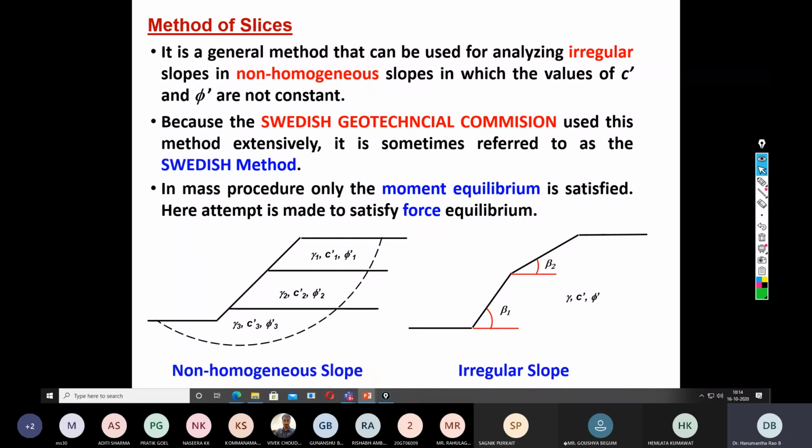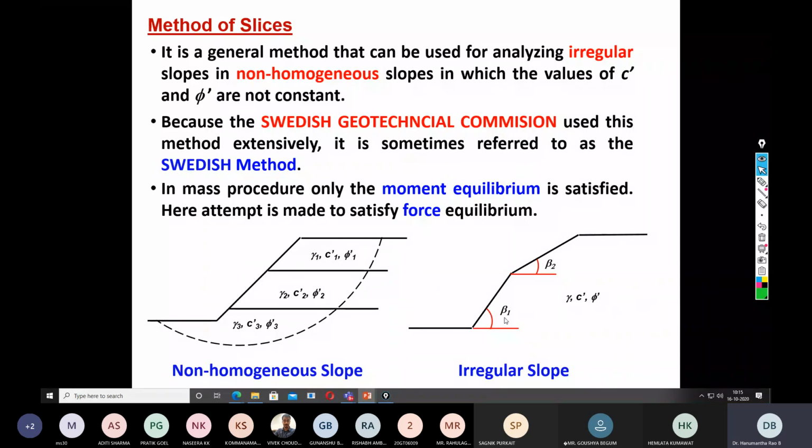On the other hand, how do we determine the stability of a slope, or the factor of safety of a slope, when it possesses multiple layers, as we can see in this picture? This is called a non-homogeneous slope, where it comprises several layers, each having its own values of density and shear strength parameters such as c and phi.